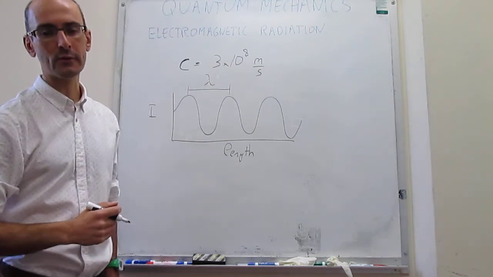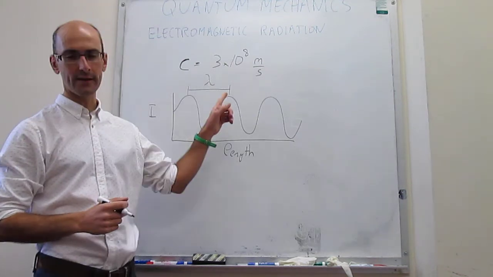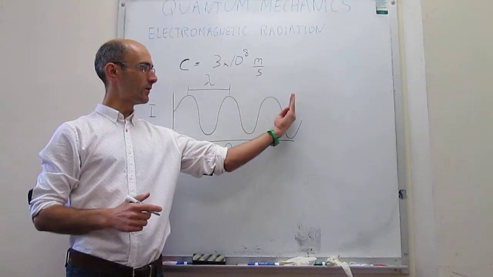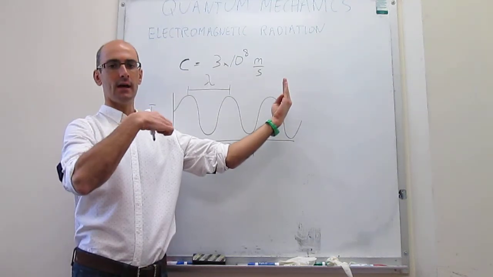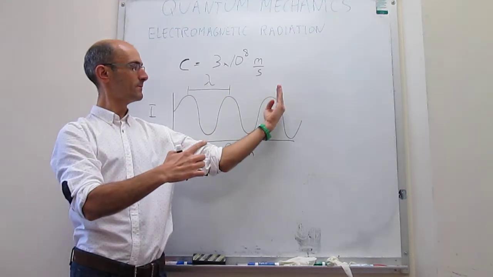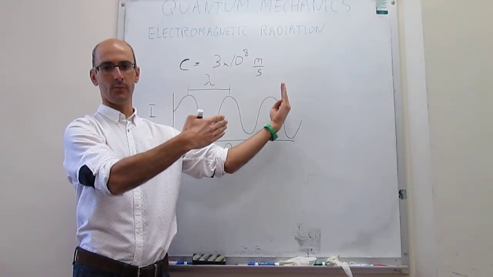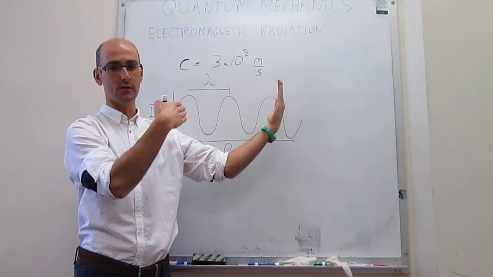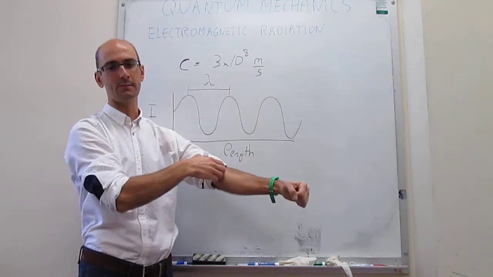But then you also have frequency. Notice that because this is propagating in time, you can actually put here a detector and see the time that it takes for two of these peaks to pass through, or the difference in time between one peak passing and then the next peak passing.